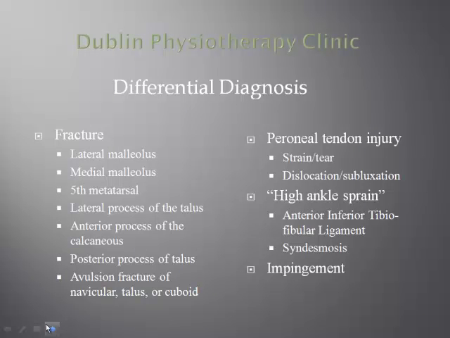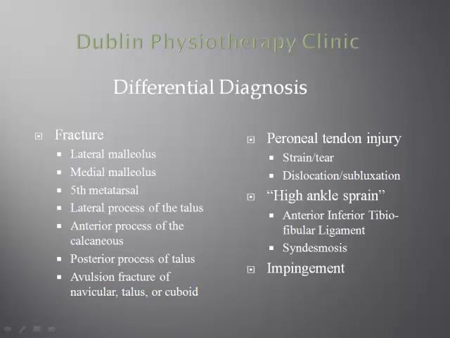I said we'd come back and look at differential diagnosis, and here are a list of things that we would need to consider. And again, when we're talking about fracture, we're not talking about obvious fracture where the skin is broken or there's a change in alignment and orientation of the leg. As I say, the ankle can sometimes hide subtle hairline fractures or small displacements.